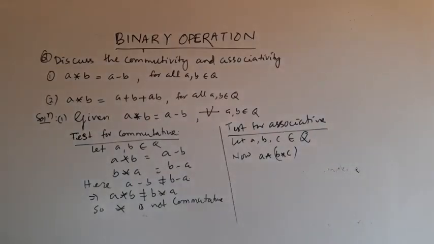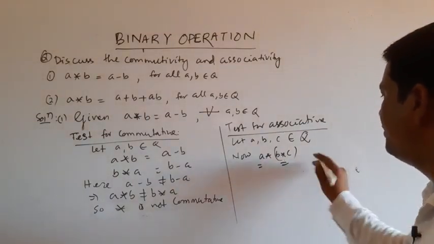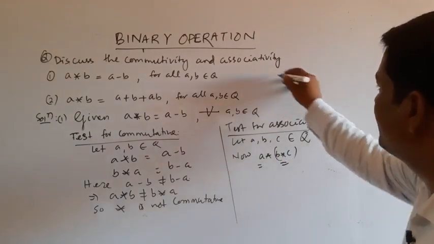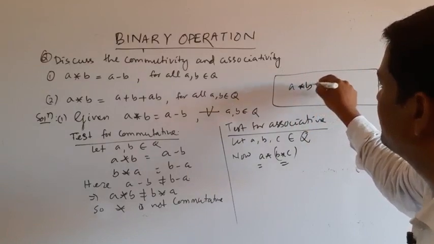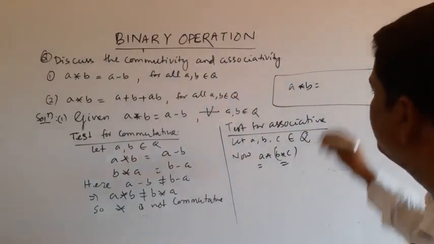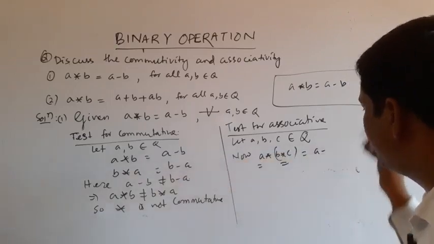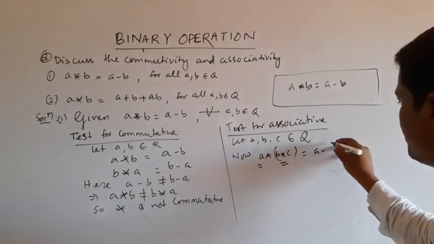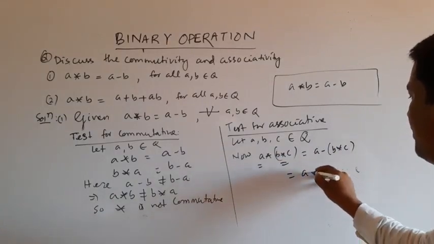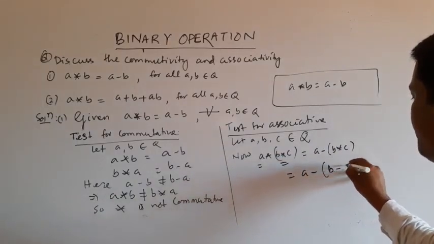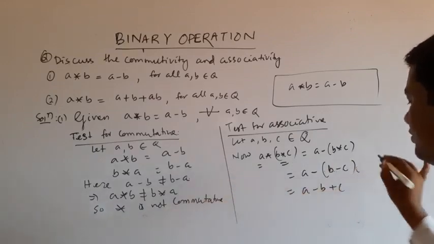According to the formula, we are given that a star b is equal to a difference b. Suppose this is a and this is b star c. So a difference (b star c); now this will be a difference (b difference c). Now this will be a minus b plus c.